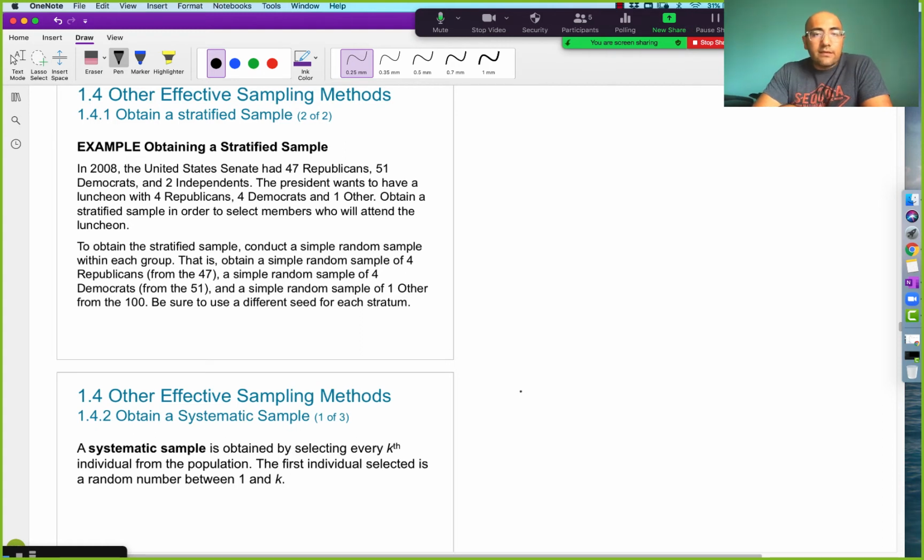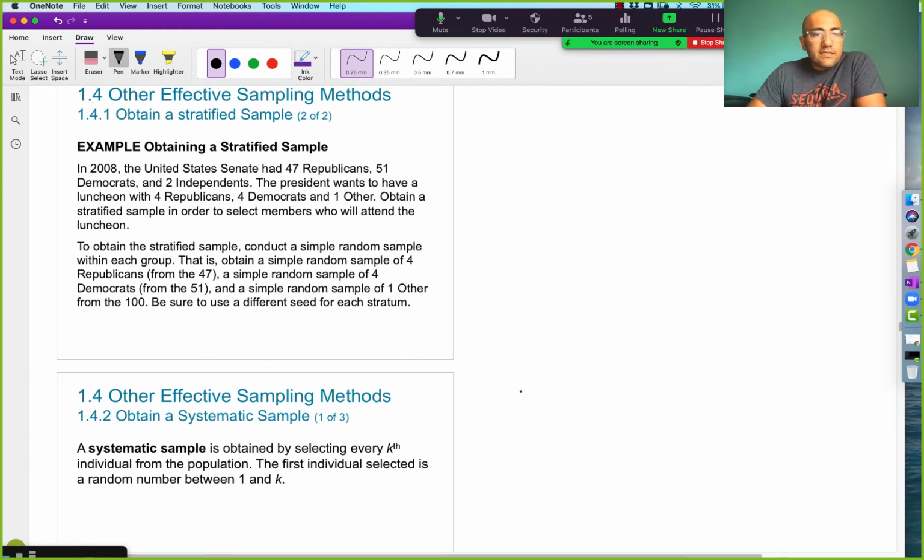Simple random sampling would say any outcome is equally likely of occurring. So there are many outcomes that would result that would not have this makeup, right? There's some outcomes where it'd be all Democrats or all Republicans. There would be some outcomes that have none of the independents. Probably a lot of outcomes that have none of the independents since there's only 2 of them.